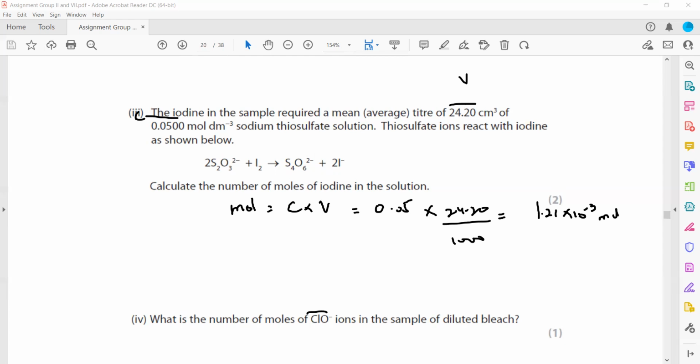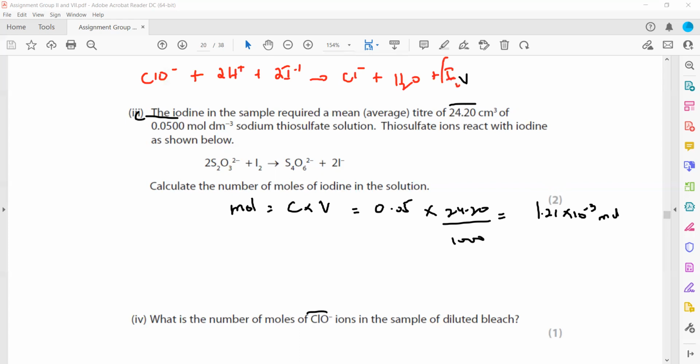This equation was ClO⁻ plus hydrogen ions, two hydrogen ions and two iodide ions, giving chloride ion plus water plus iodine molecule.